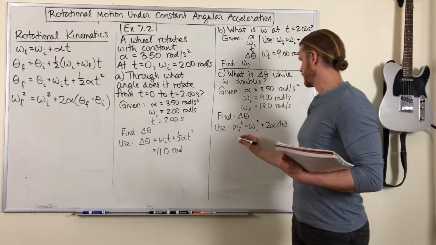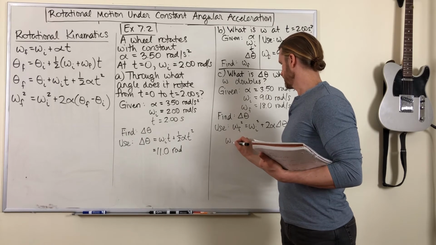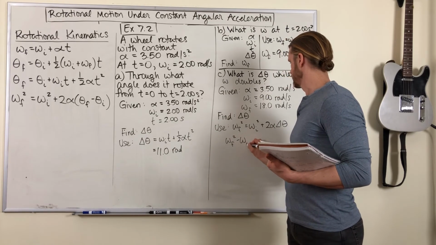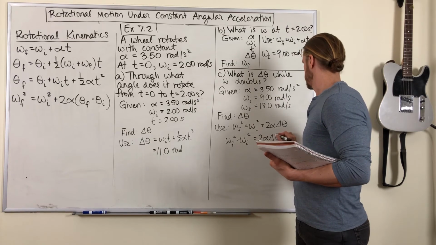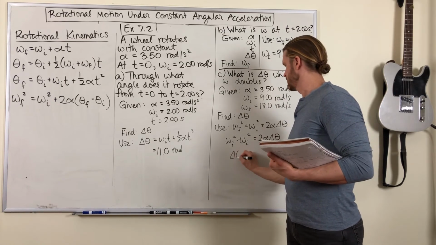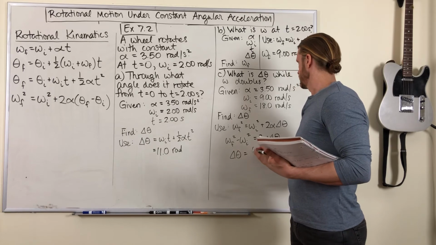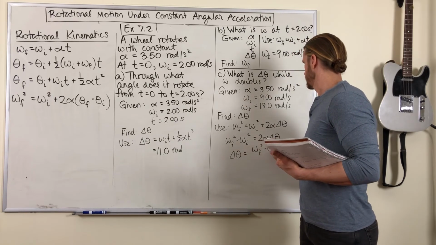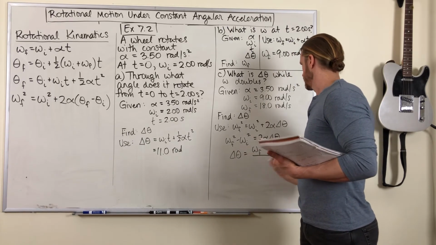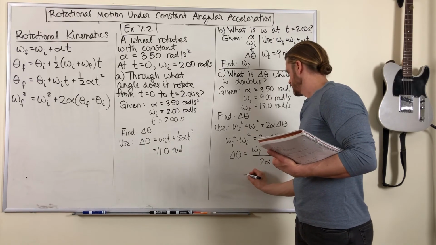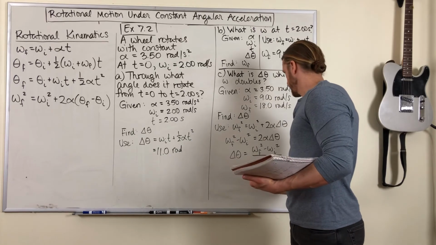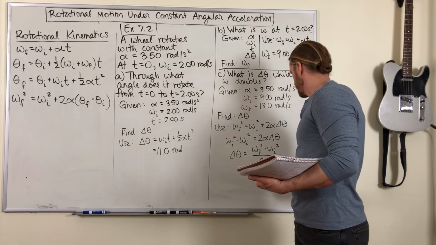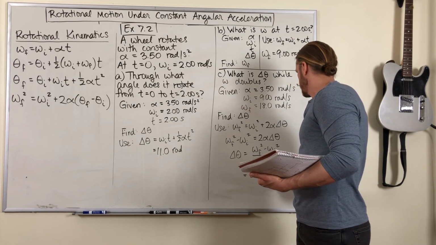And you can solve this for delta theta. That will give you 34.7 radians.